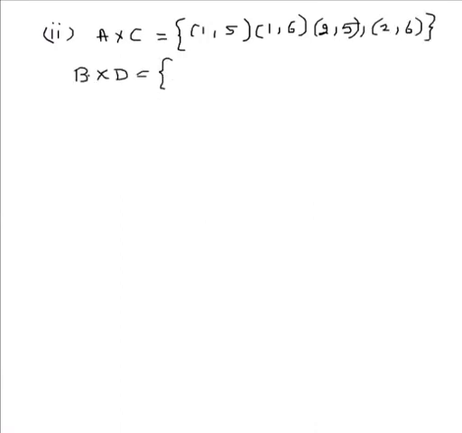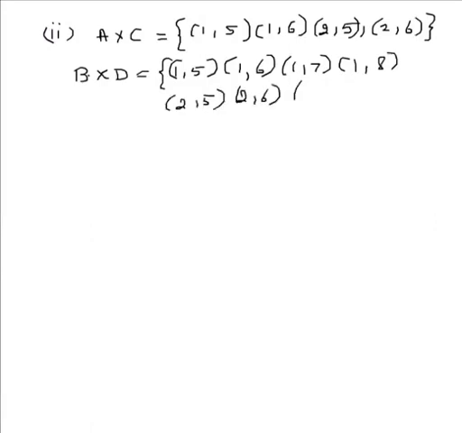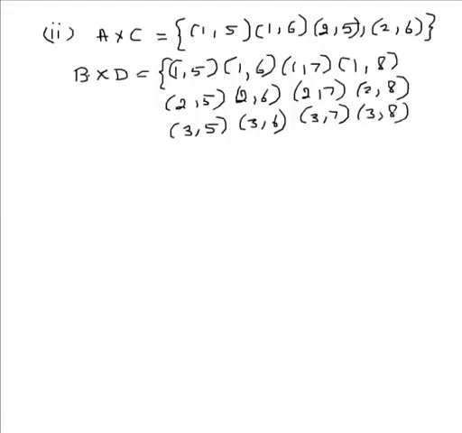Let us write B cross D. B has 4 elements, D has 4 elements. So 4 4s are 16 elements will be there in B cross D. (1,5), (1,6), (1,7), (1,8). Then (2,5), (2,6), (2,7), (2,8). (3,5), (3,6), (3,7) and (3,8). (4,5), (4,6), (4,7) and (4,8).